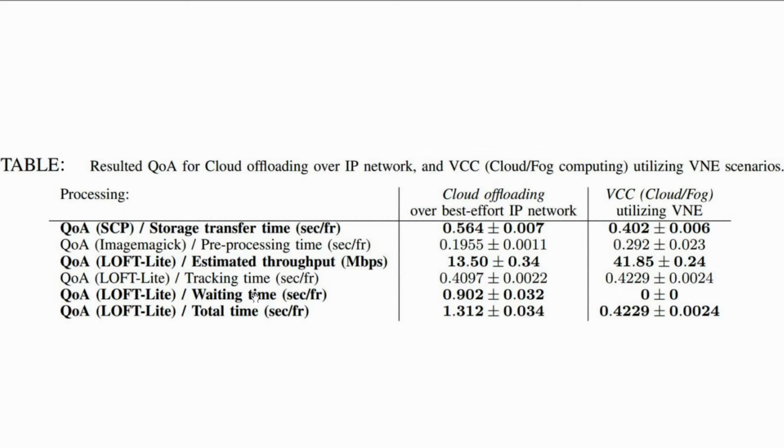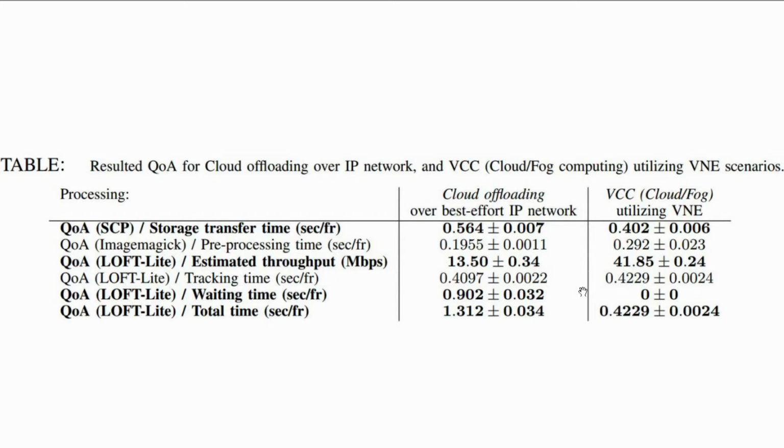we can see that waiting time is now zero, meaning that we can track in real time, in contrast to the previous cloud offloading scenario, where we have a penalty of almost 1 second for each frame before tracking.